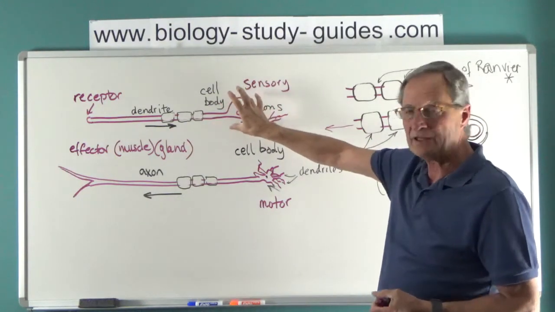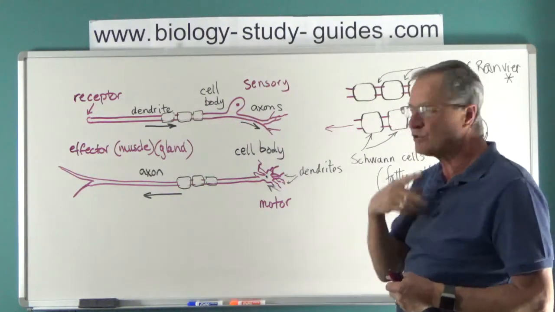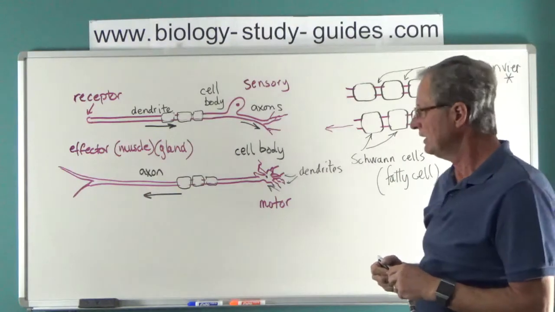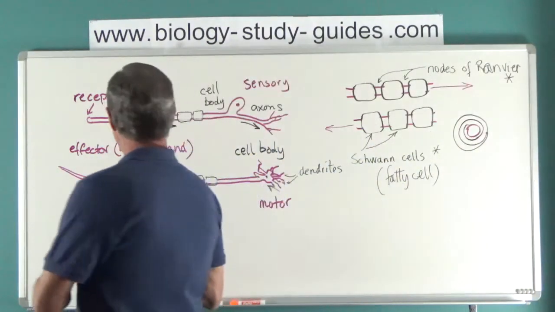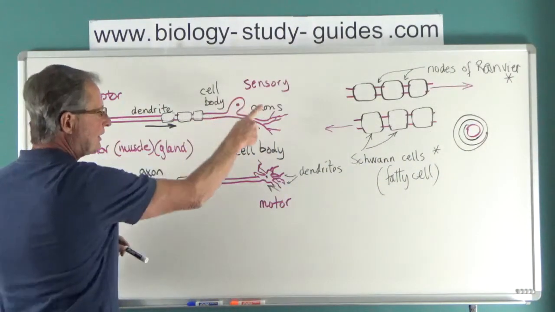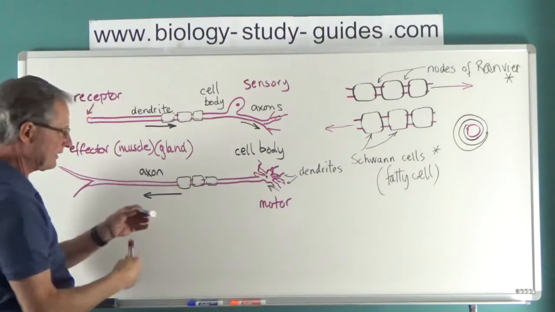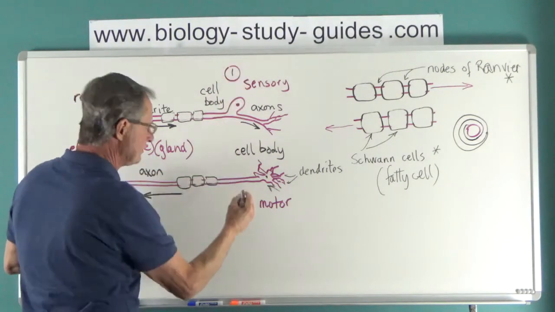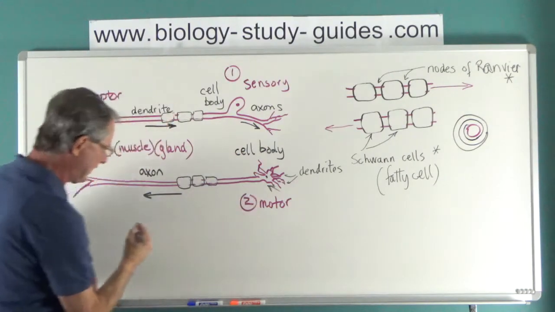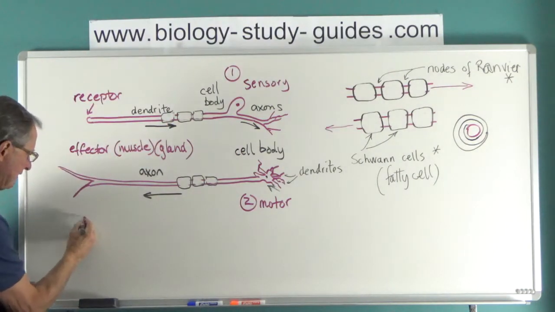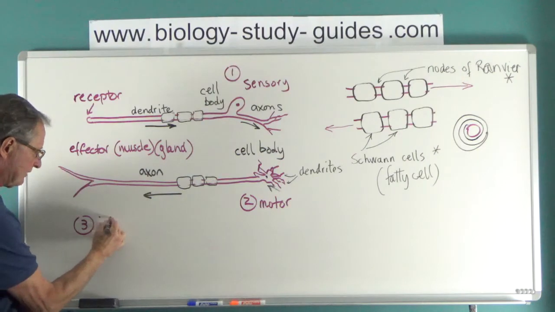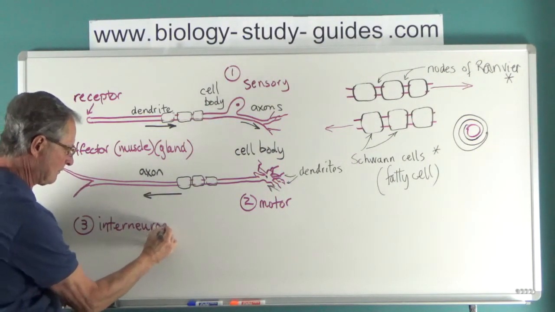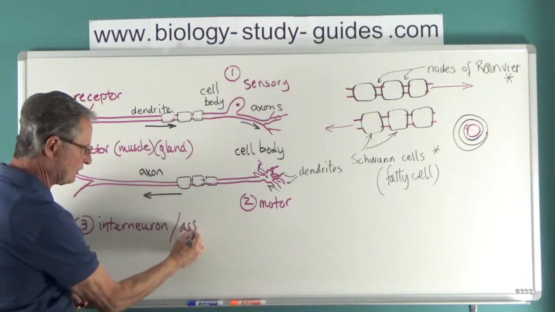system called a ganglion. There is one other kind of nerve cell that we should mention before we get any further. We've got a sensory neuron, a motor neuron, one, two, a third type, I'll put its name here, is an interneuron, or an association neuron.